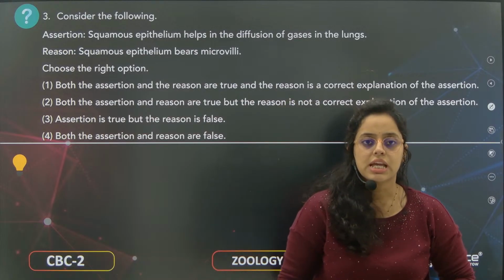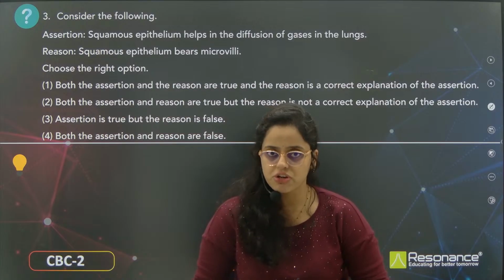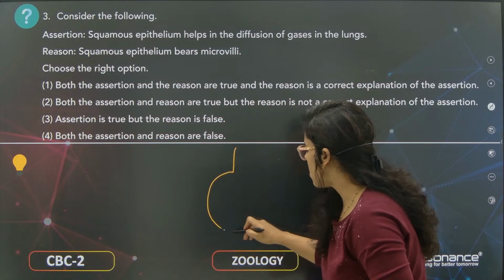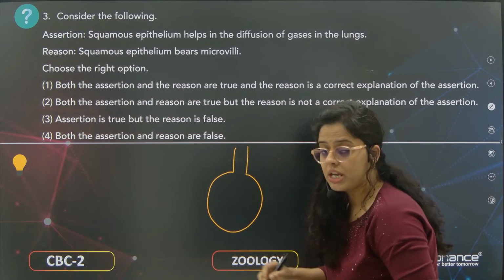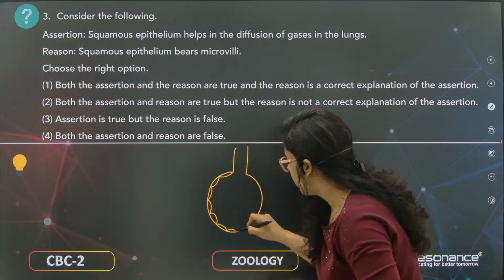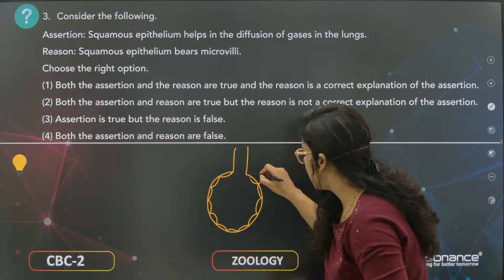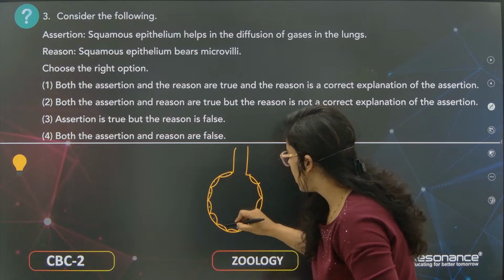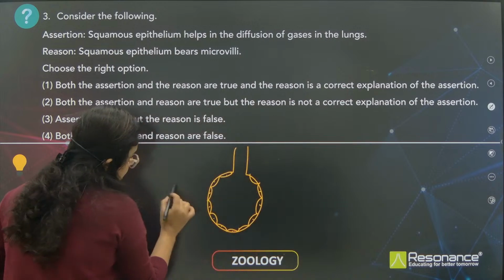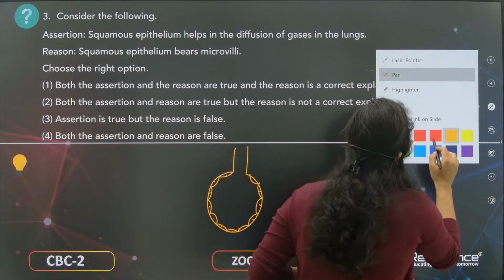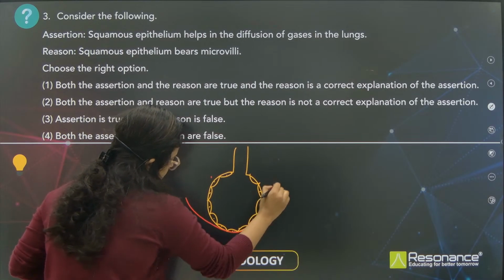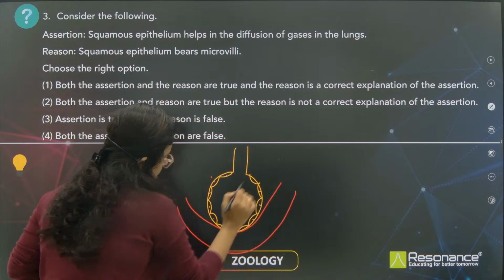Assertion and reason. Squamous epithelium helps in the diffusion of gases in the lungs. Just now we discussed that the lungs consist of alveoli. These alveoli are made up of a single layer of squamous epithelium, and the alveoli are closely linked with the capillaries.